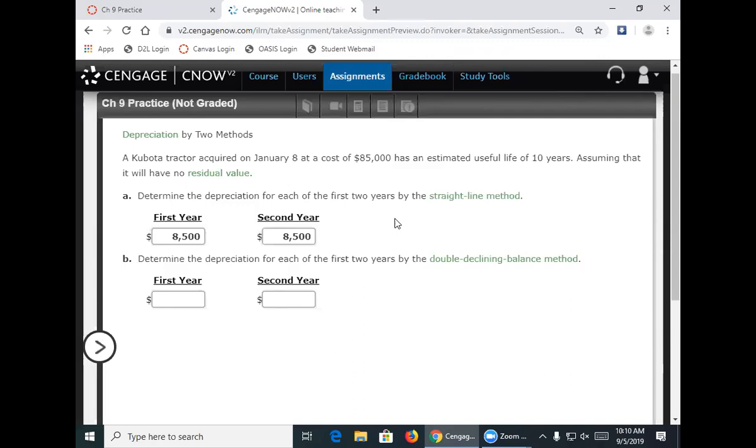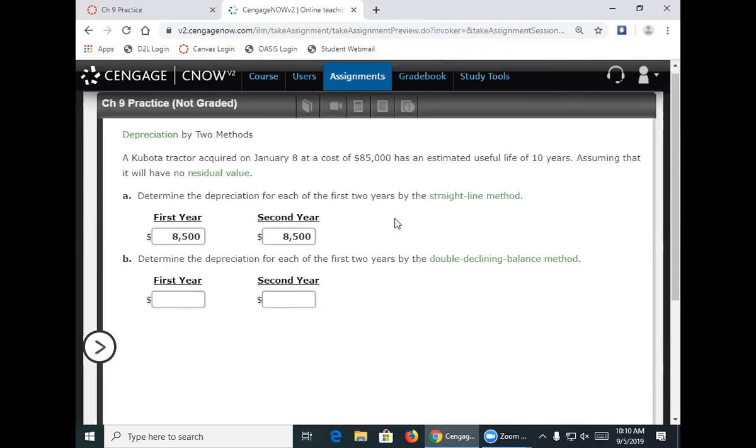Okay. Well, in year 1, have you depreciated it at all? No. So we haven't depreciated it yet, we're about to. So when we go to do our depreciation entry, our book value is just the cost in your first year.